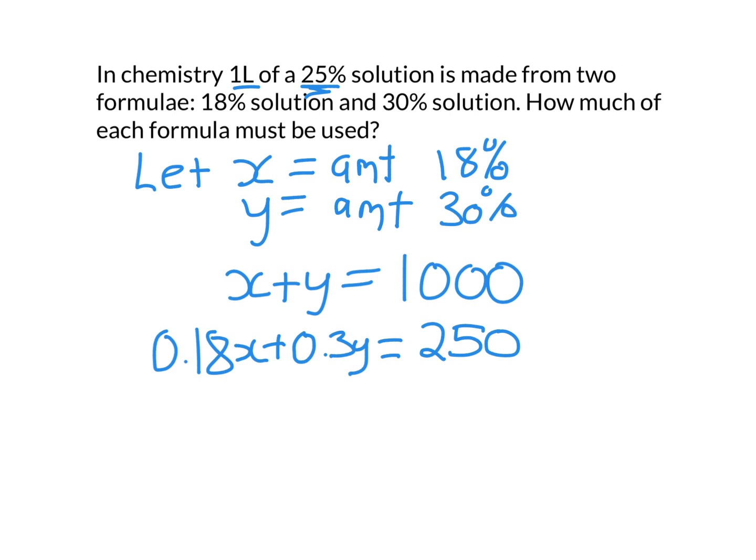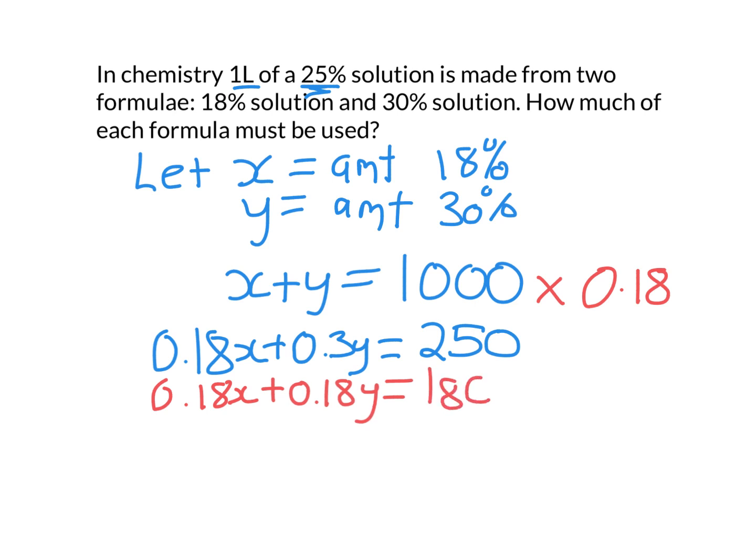I'm going to solve them. I'm going to use elimination here because neither x nor y is the subject of the equation. So I'm just going to times the top one here by 0.18. So it becomes 0.18x plus 0.18y equals 1,000 times 0.18 is 180.